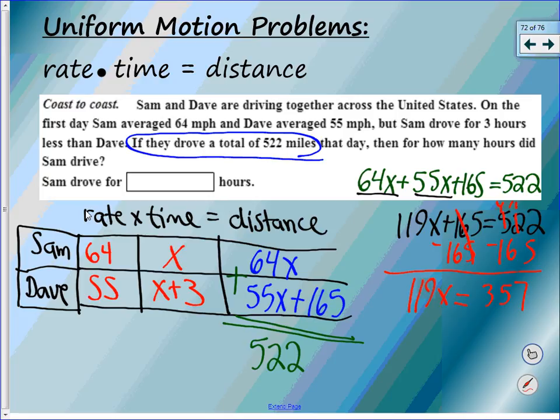Then I'll divide both sides by the 119x. I'm sorry, just by the 119.